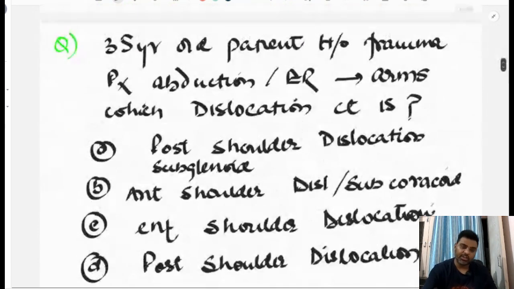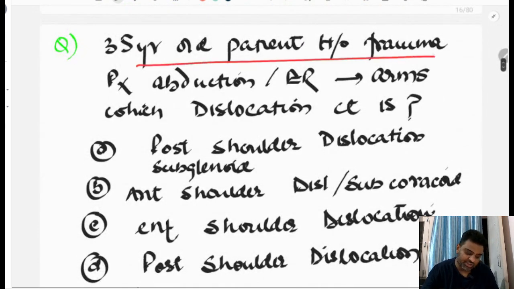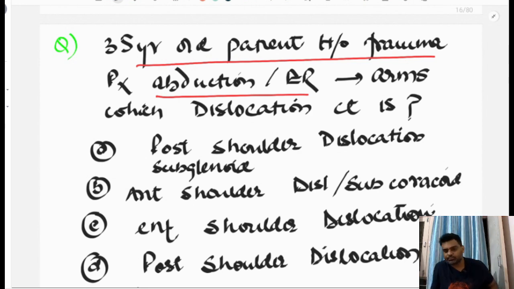Now, a 35-year-old patient with a history of trauma presents with abduction and external rotation. Which dislocation is it? Now, this you should always remember. In shoulder dislocation, I have told you, just remember 4-5 points and all your questions will be done. What is the most common type of shoulder dislocation?